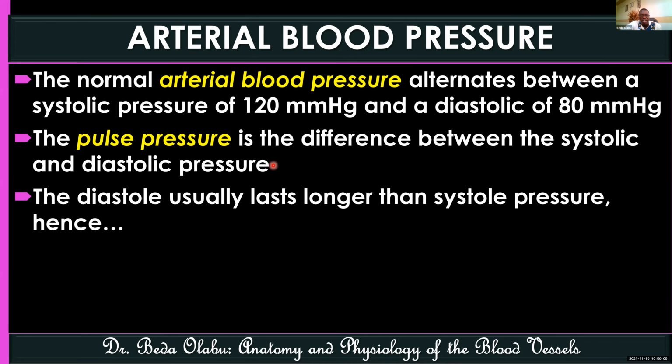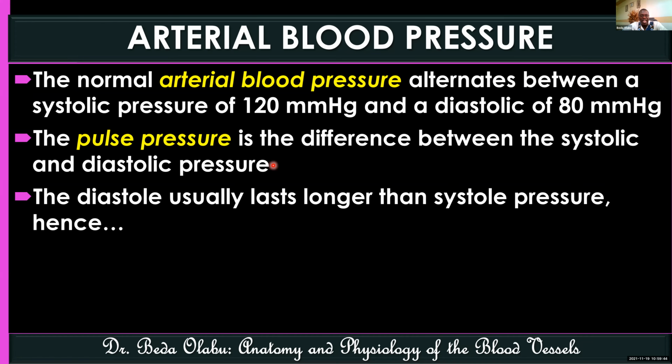At any given time, as blood flows in a circulation, the diastolic pressure usually lasts a longer period than the systolic pressure. And you saw that even when we talked about the cardiac cycle. Out of those 6 phases of the cardiac cycle, blood moves out of the heart only during ventricular ejection.